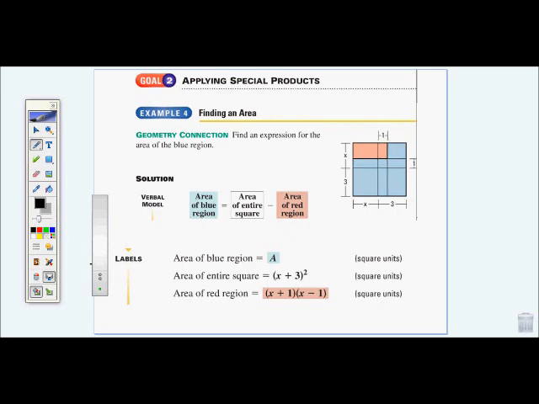So the area of the entire square, see a pattern coming on there, is x plus 3 squared, because both sides are x plus 3. And then the area of that red square, we have x plus 1 on this side, and x minus 1 on the other side.